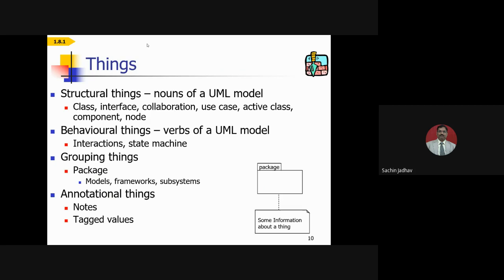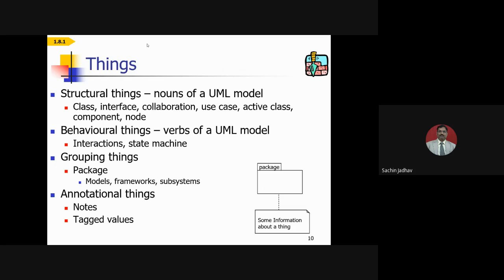When we discuss things, they are again classified into four different kinds of notation things. The first are structural things. These are the basic building blocks, we can say, right? So these are the nouns of a UML model.